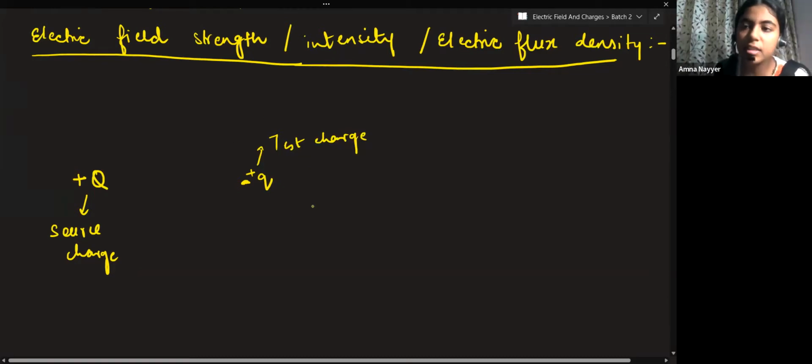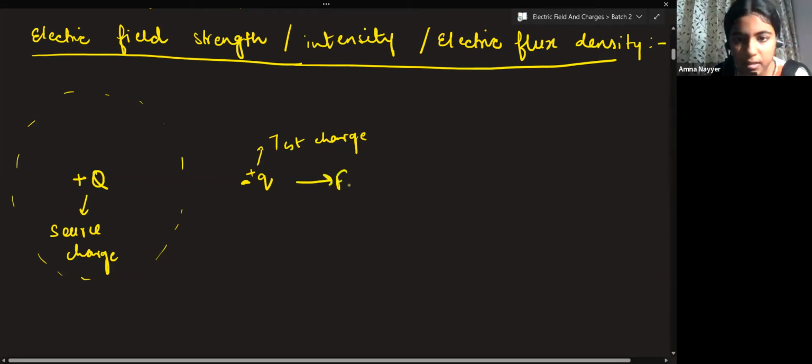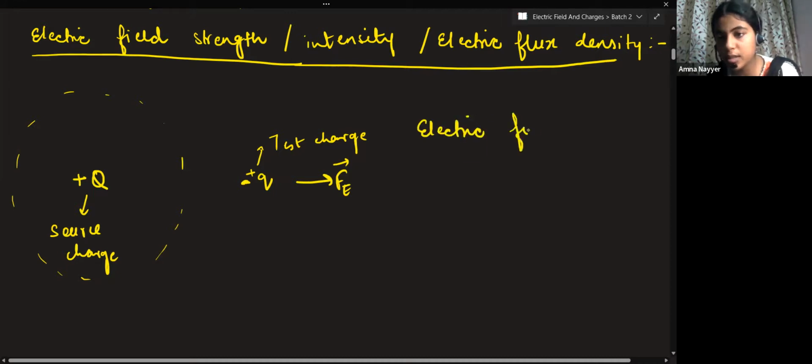So whatever is the total force experienced by this test charge because of the electric field of the source charge, that is what is known as electric field intensity or electric field strength, you can also say. So whatever is the net force experienced, a force will always be experienced by this charge because of the presence of the source charge. So electric force is whatever you have studied in Coulomb's law in Tuesday's class.